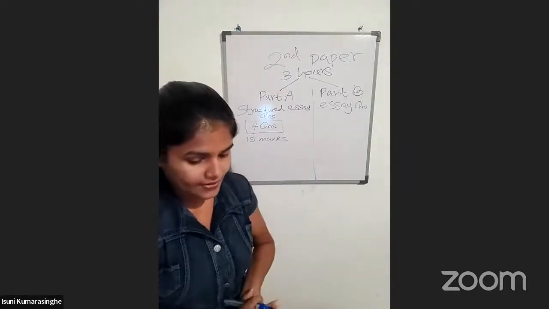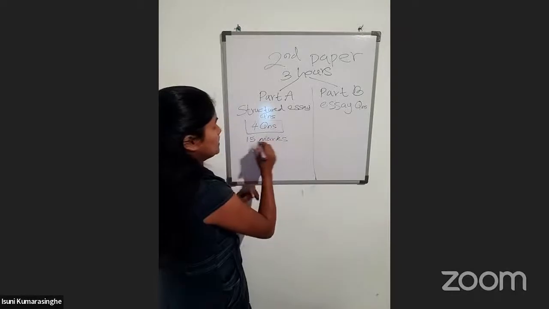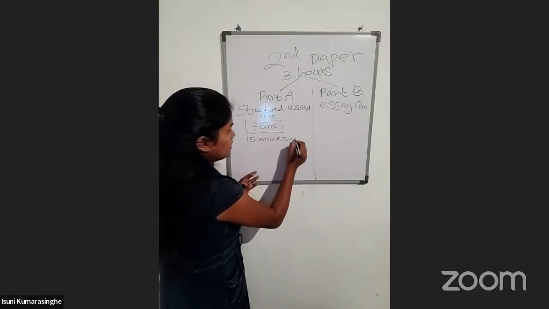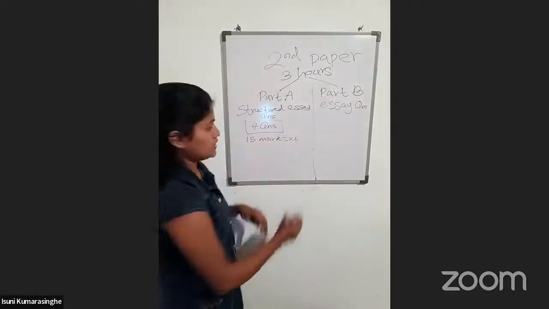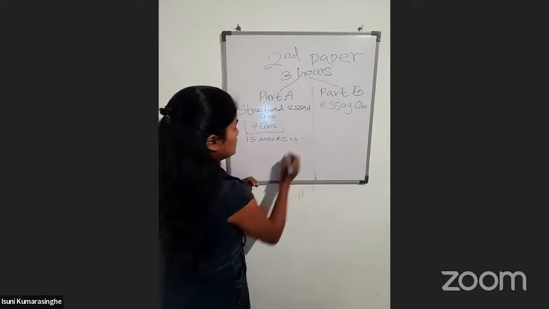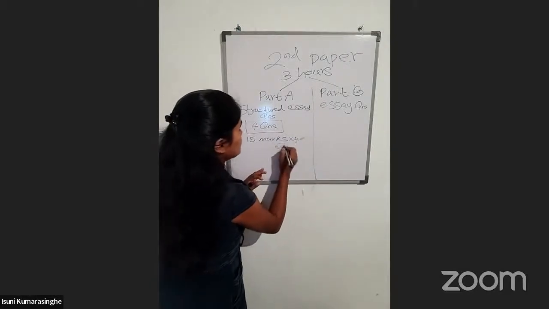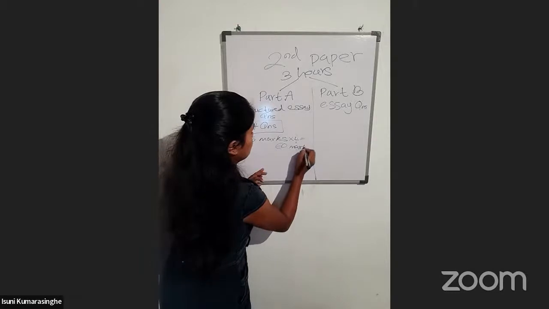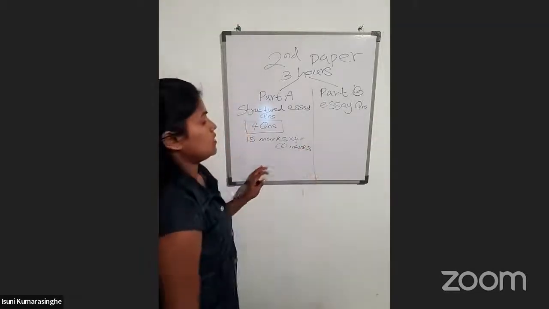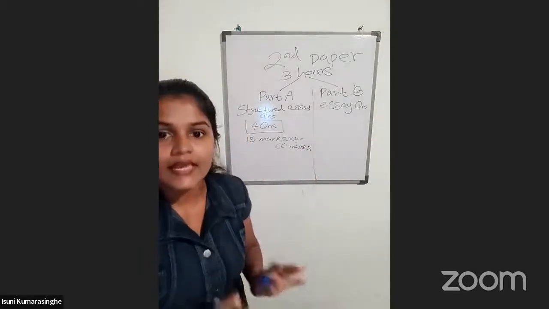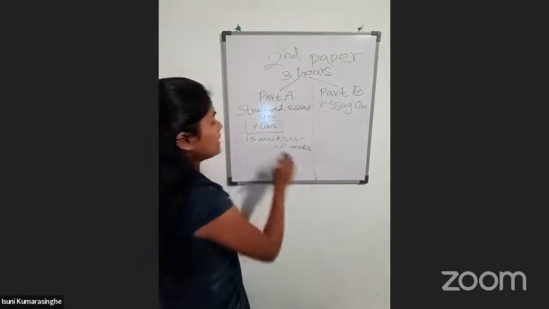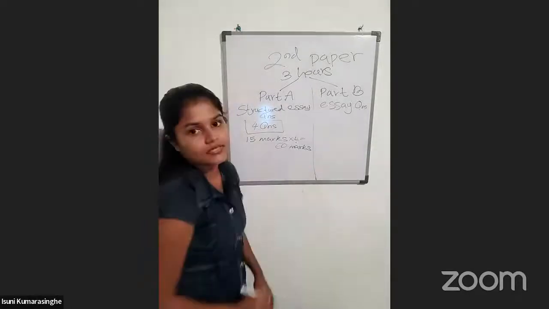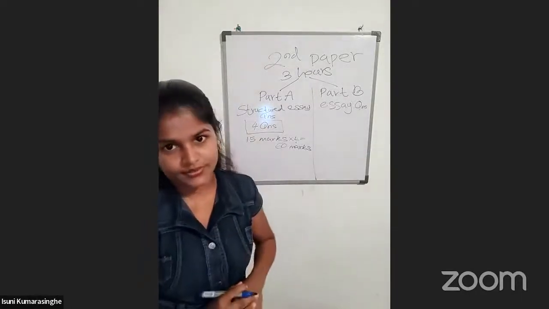Understood? Then 15 marks times 4 questions means the total is 60 marks. If you write part A correctly, you can get 60 marks out of 200.